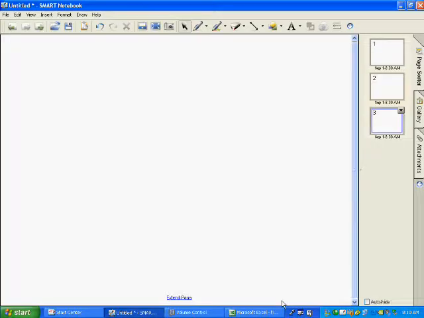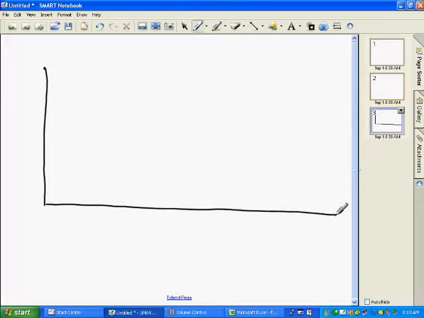There we go. Okay, what I'm going to do is draw a graph of the number in the system versus time. So we're going to look at number in system versus time. Let's say we started with an arrival.